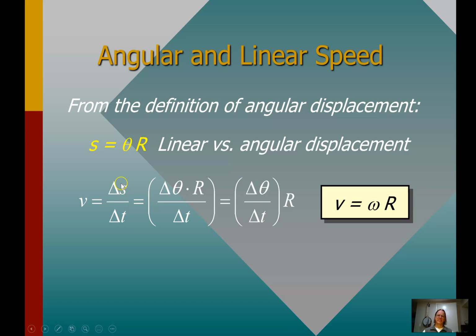That's a distance per time. If you want to convert that into an angular speed, you're going to have to divide by the radius.